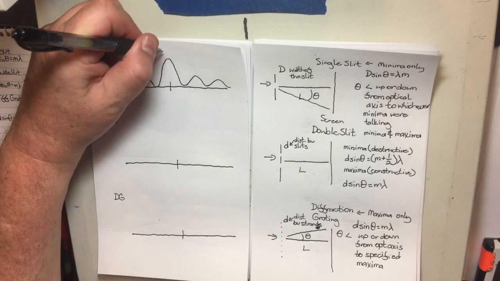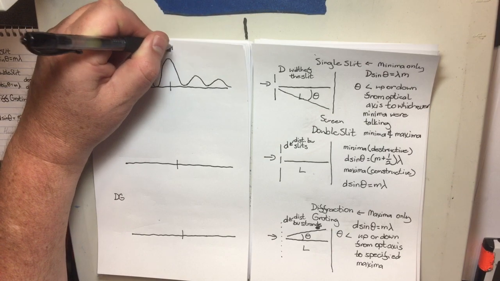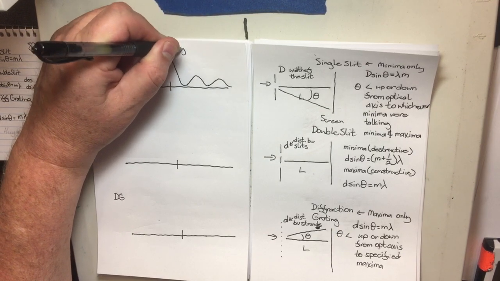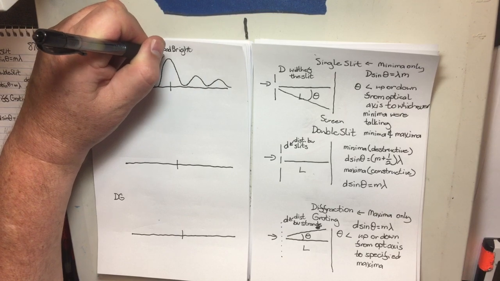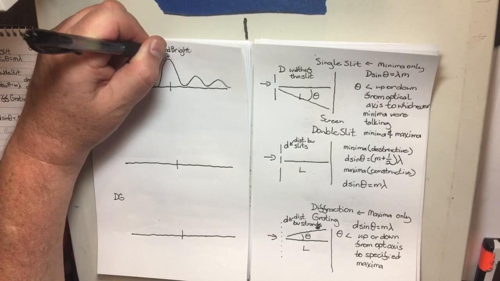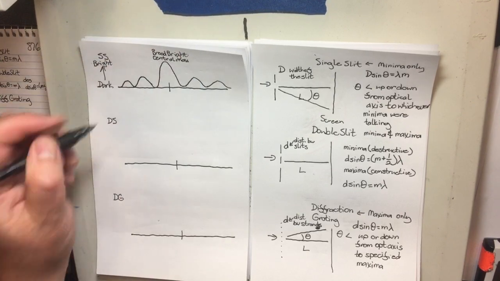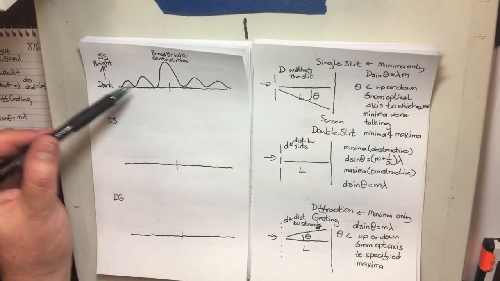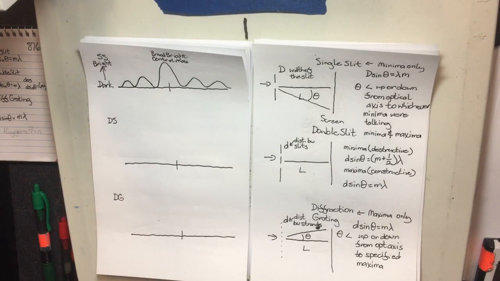You have a very broad, bright band, or very broad, bright central max. And then you've got darks on either side, then bright, then dark, then bright, then dark. And the bright spots get dimmer the further away you go.